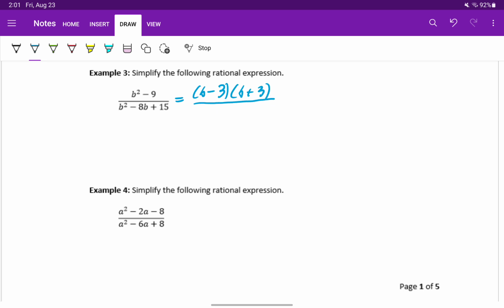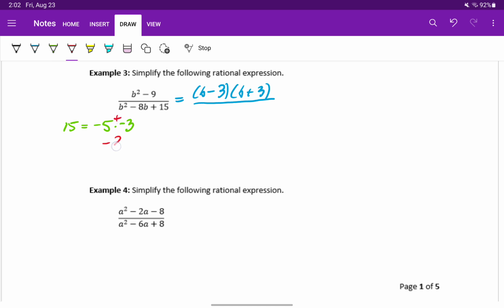And in the denominator, we need to look at factors of 15 that will multiply together to give us negative 8. Since we need to take two values and add them together and get a negative, but we want them to multiply together to be a positive, we actually want to consider negative factors in this case. For instance, negative 5 times negative 3.